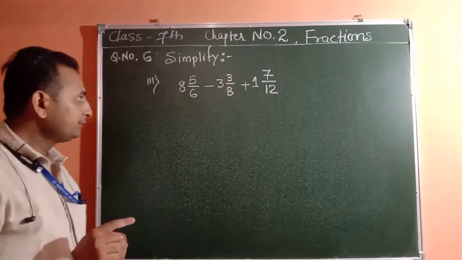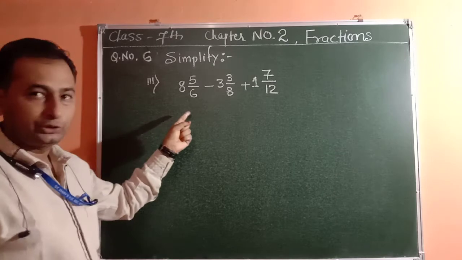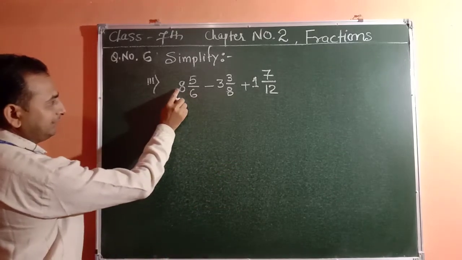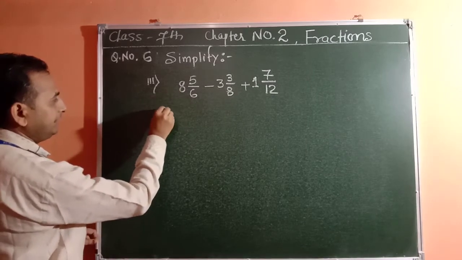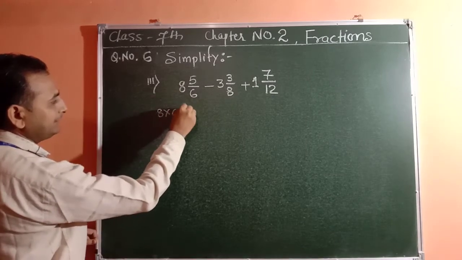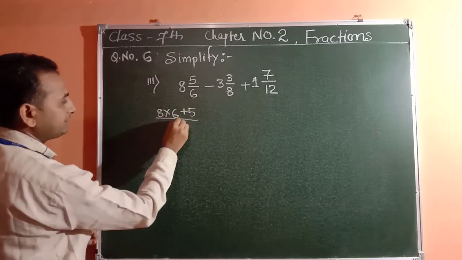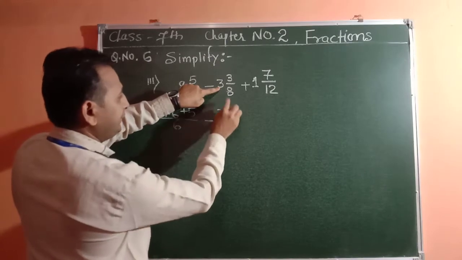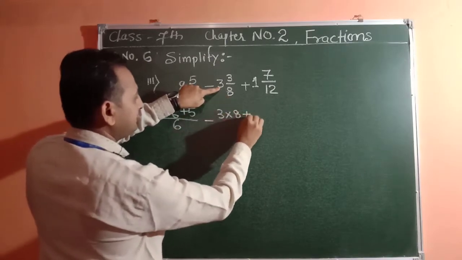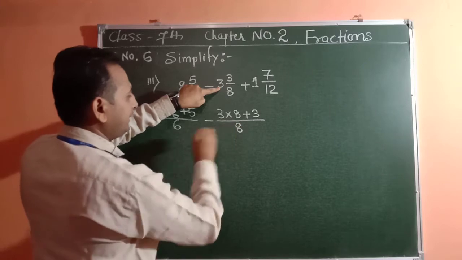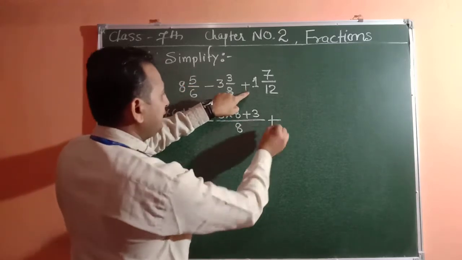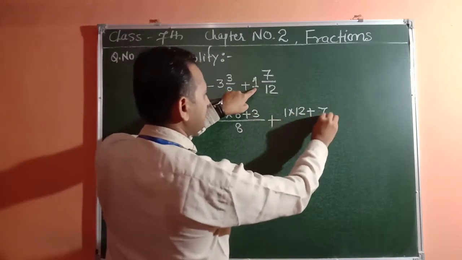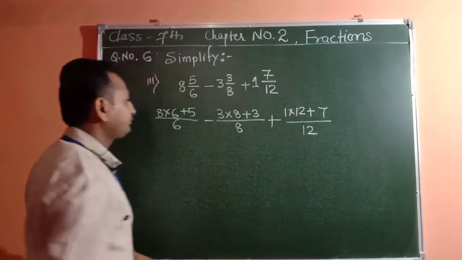First we have to convert these mixed fractions to improper fractions. 8 sixes are 48. 8 into 6 plus 5 upon 6 minus 3 into 8 plus 3 upon 8, plus, positive sign, 1 into 12 plus 7 upon 12.